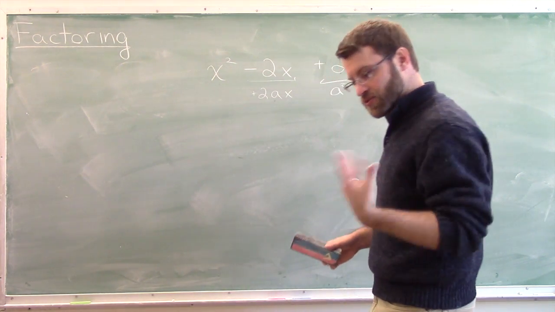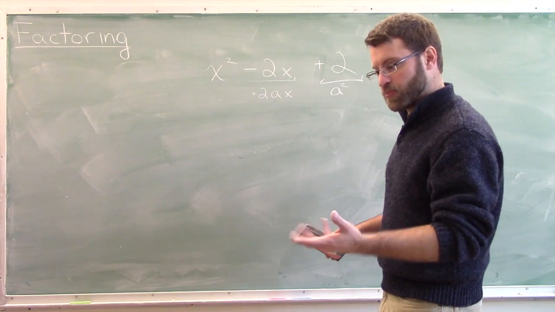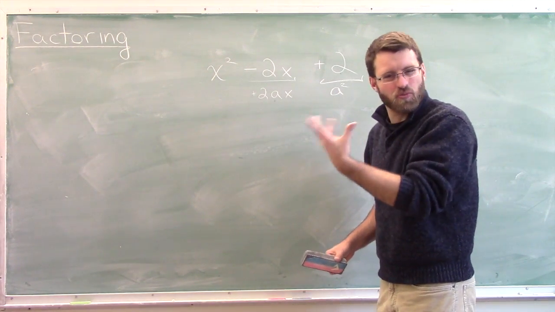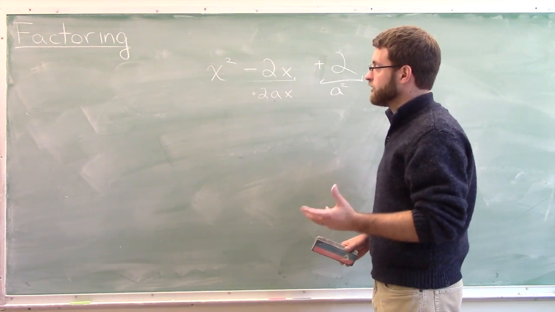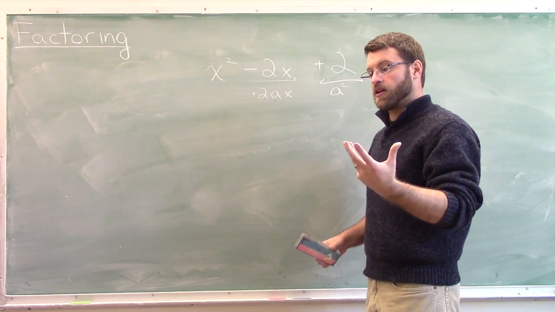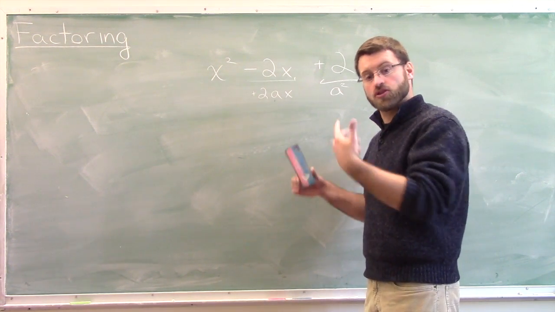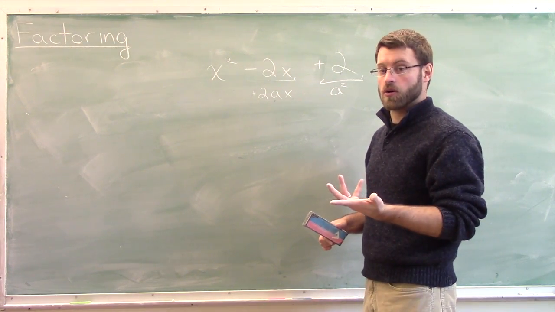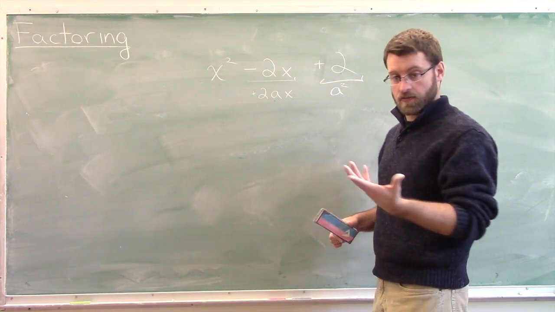That allows us to do the factoring, but it has some leftover. There's some remainder that we can't get rid of. This turns out to be useful because it actually gives us a procedure that we can use to solve quadratic equations in general. So that's kind of a nice bonus.